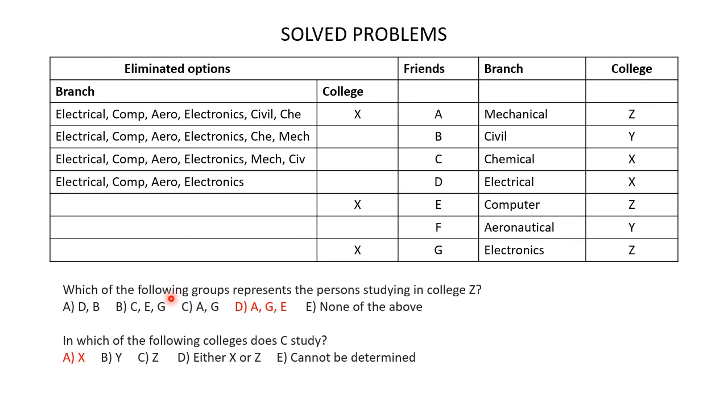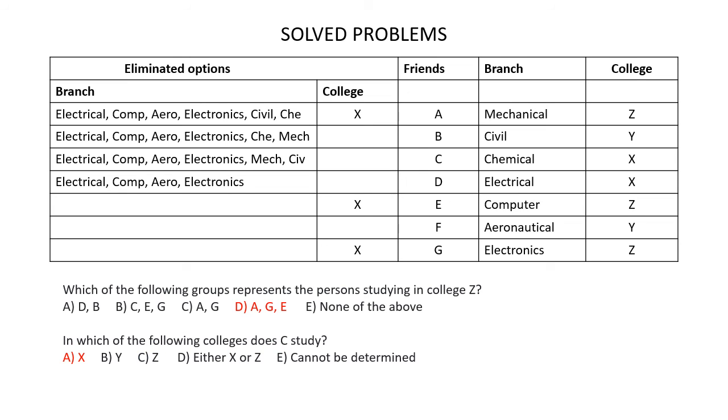Which of the following groups represents the persons studying in college Z? You're given 5 options here and you have to find out which of these options is the correct one. Now we are asked to find out who studies in college Z. So according to the table, we know that A, E and G study in college Z. So the correct answer is option D, A, G and E. In which of the following colleges does C study?